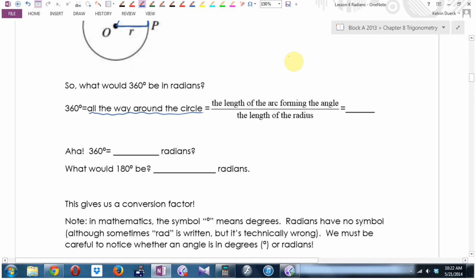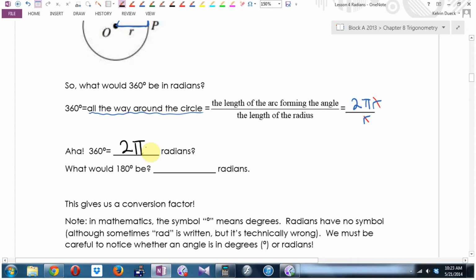So, 360 degrees in radians is all the way around divided by the radius. Because radian is defined as the arc length divided by the radius. Hey, Roy, how many R's do you see on top? How many R's do you see on the bottom? Turns out 360 degrees is 2 pi radians.